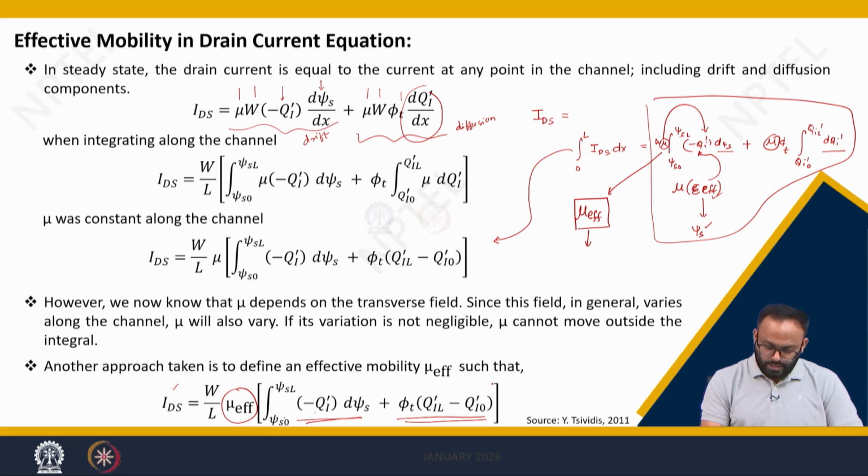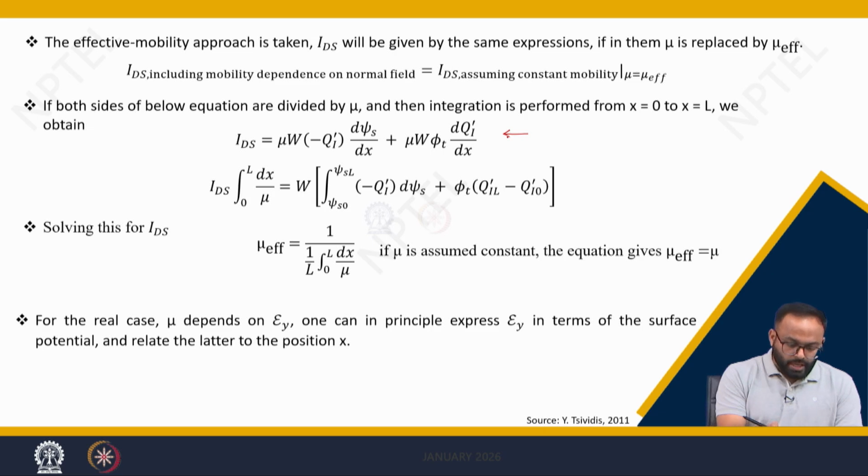The only difference between this equation and the earlier equation is what? We need to consider mu effective, where mu effective comprises all the dominant scattering effects in the mobility parameter itself. Now, we can rewrite this equation as I_DS including the mobility dependence is equal to I_DS assuming constant mobility, just replace mu by mu effective.